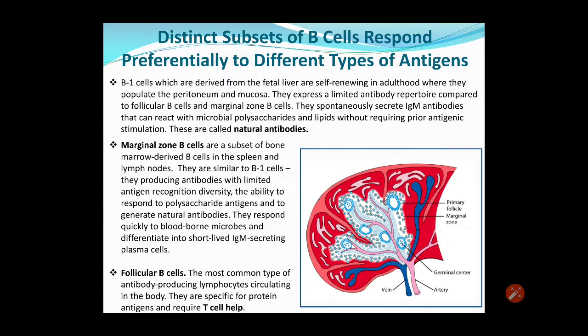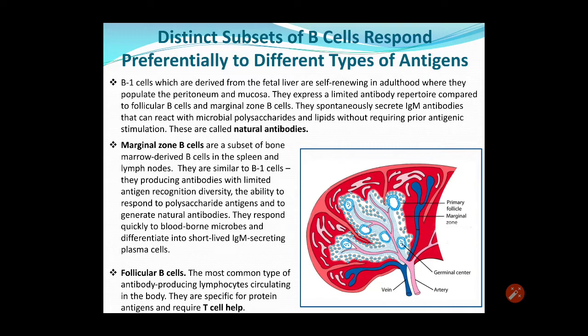They have broad specificity, but they're not as potent or as high affinity antibodies as the classical follicular B cell antibodies. Because they don't need antigenic stimulation to make these antibodies, these are called natural antibodies. So everybody will make these without having encountered antigen.